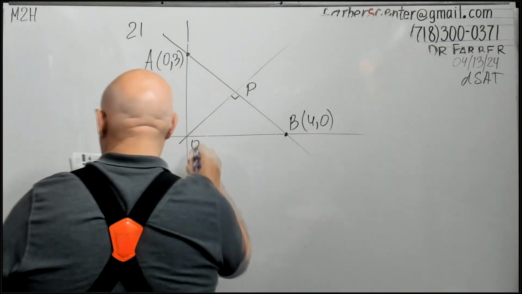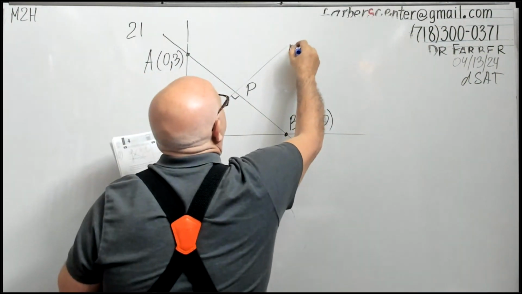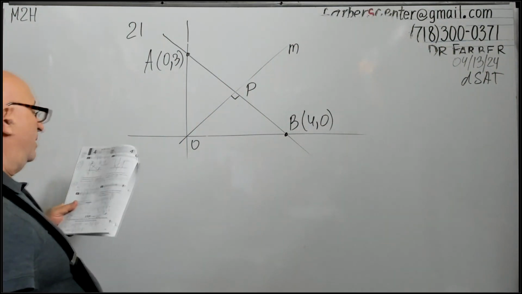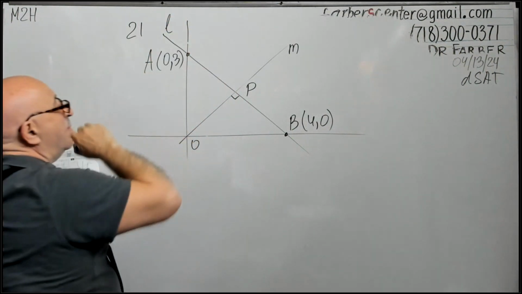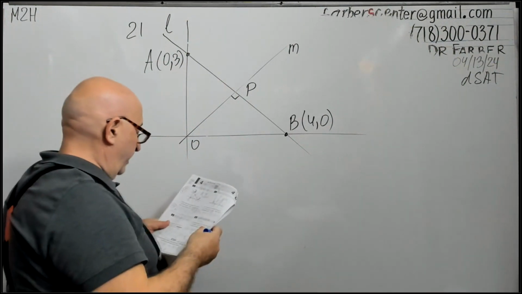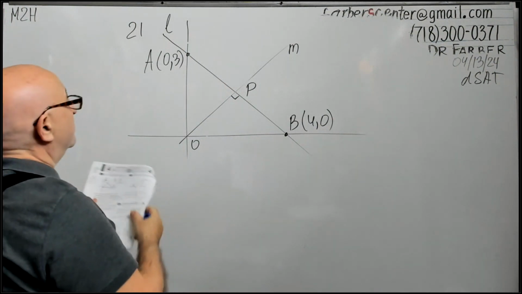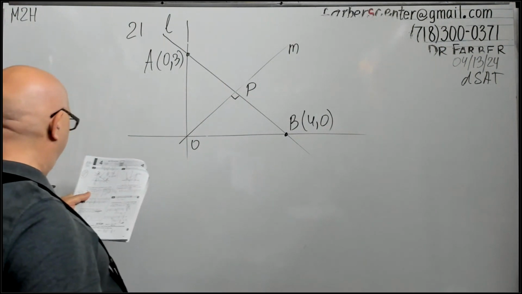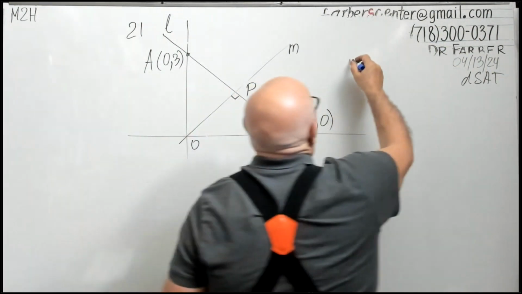This is the origin. Okay, this line they name M. You know, M we usually use for slope. They name this line M, and this line is L. So I made a picture. And the lines intersect at point P. The lines are perpendicular, this is 90 degrees. What is the length of OP? OP?